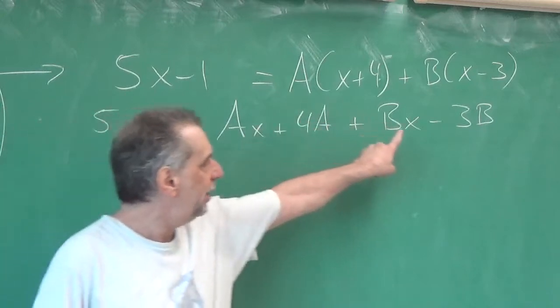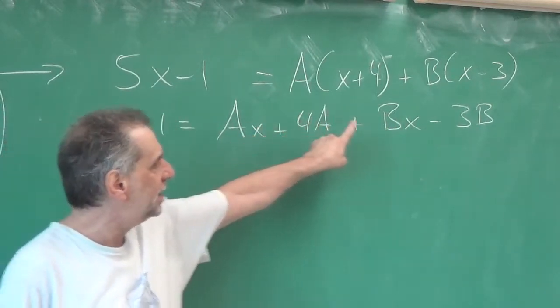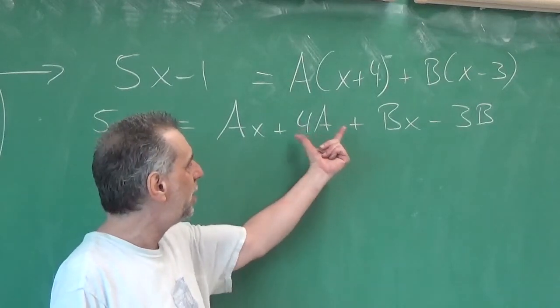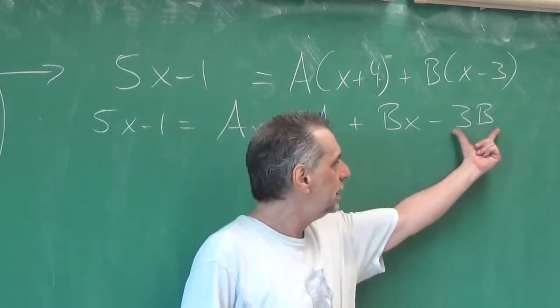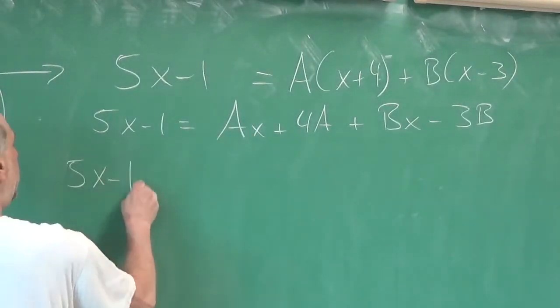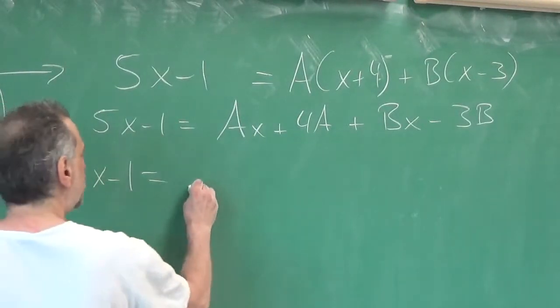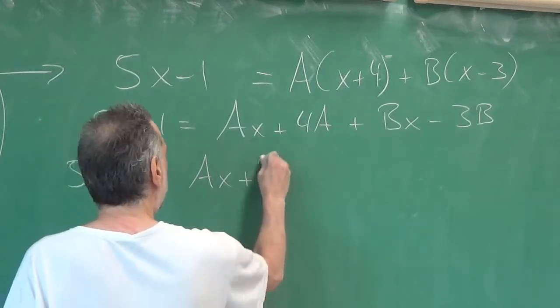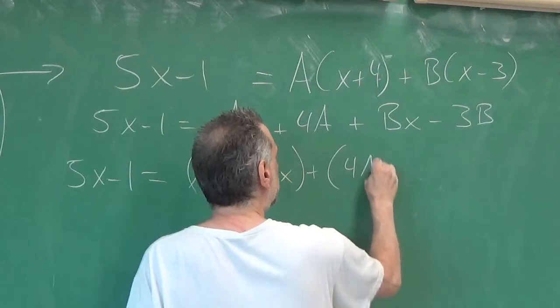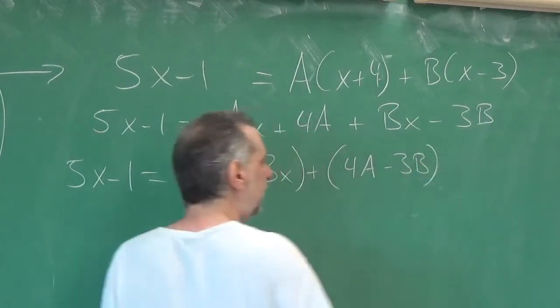So this and this are similar terms, the Ax and the Bx. There's no x in these. Remember, A and B are the numbers we're trying to come up with. So this is a constant term. This is a constant term. We want to put those together. So nothing changed on the left-hand side. We're going to put the x terms together. And we're going to put the constant terms together.